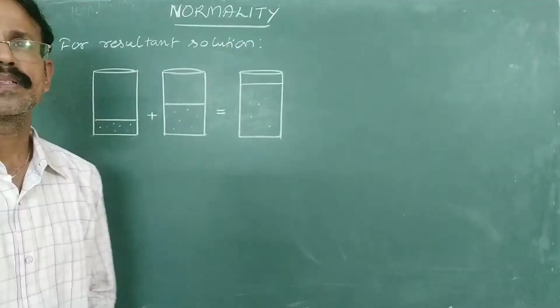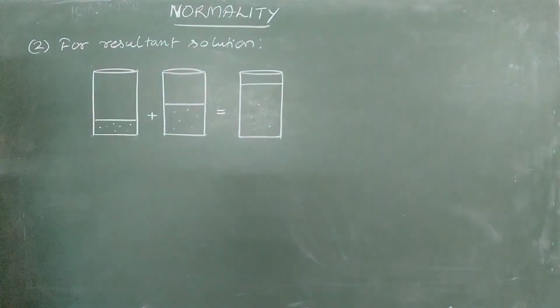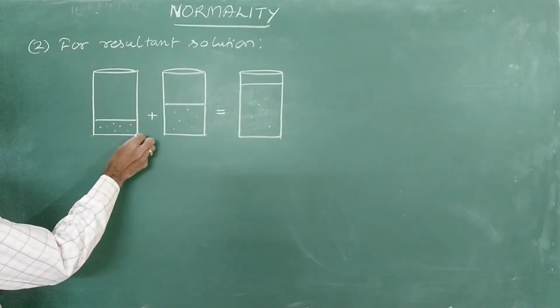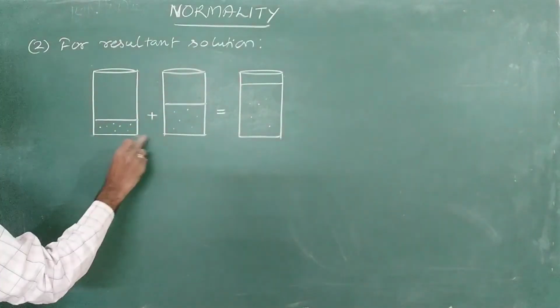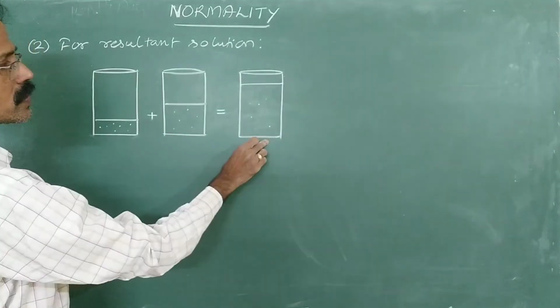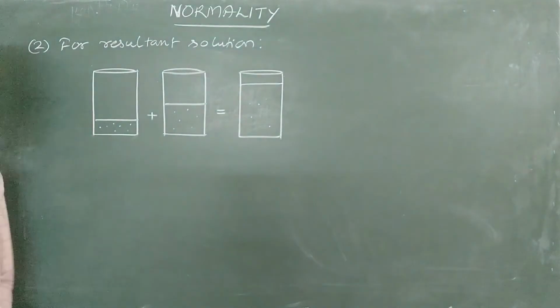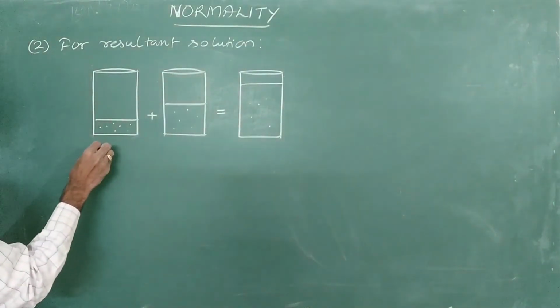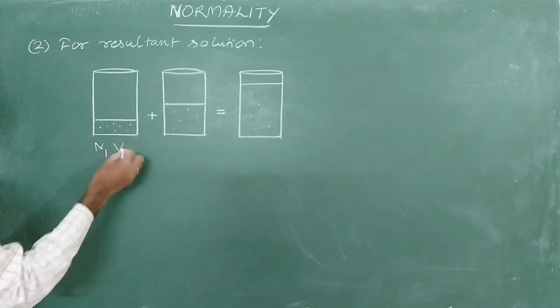Let us see. Here two solutions are taken. They have different volumes and different concentrations. Now they are mixed together in a third vessel like this. So this solution will have a different normality. Let us say normality of first solution is N1, volume is V1.